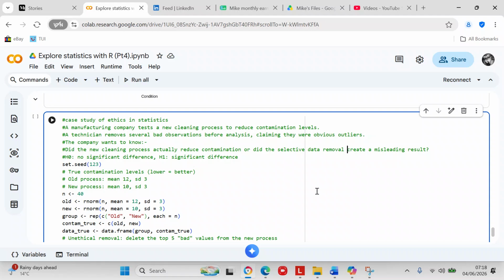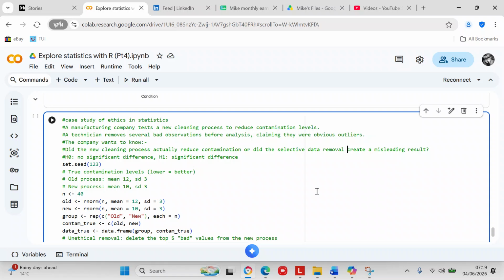So old is a randomly sampled normal distribution of 40 samples with a mean of 12 and a standard deviation of 3, and new is a randomly sampled normal distribution with a mean of 10 and a standard deviation of 3.